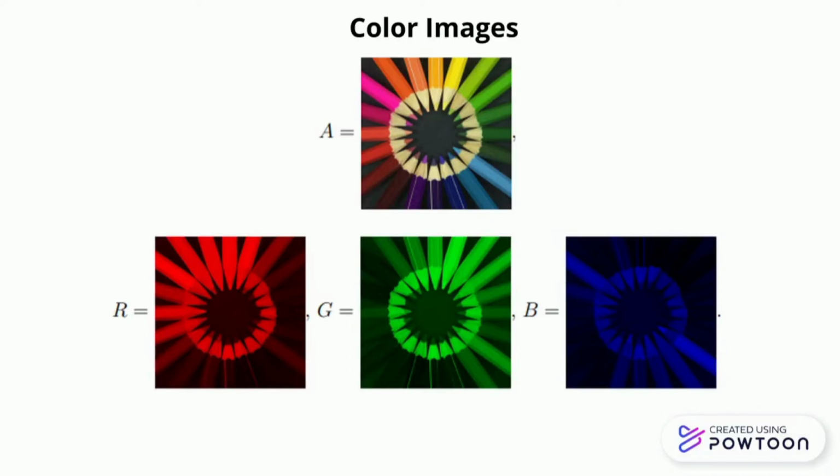The elements of these matrices are integer numbers between 0 and 255, and they determine the intensity of the pixel with respect to the color of the matrix. Furthermore, since matrices can represent digital images, we might ask how operations on their elements affect the corresponding image.